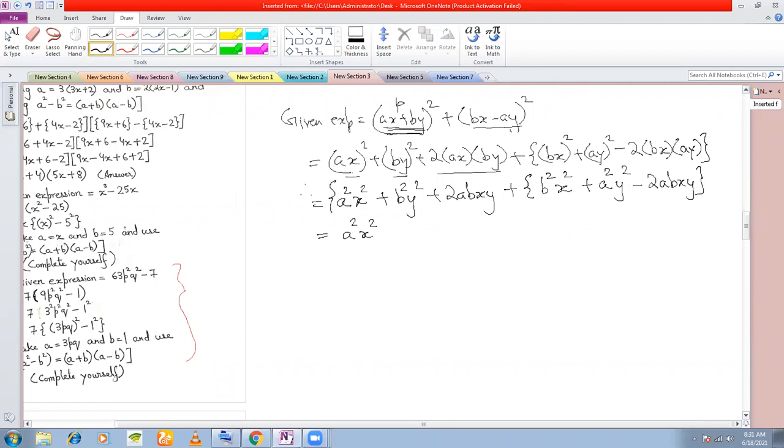You can keep this also within brackets, plus b square y square plus twice abxy, plus, because there's a plus sign here, the signs will not change inside this bracket, plus b square x square plus a square y square minus 2abxy.